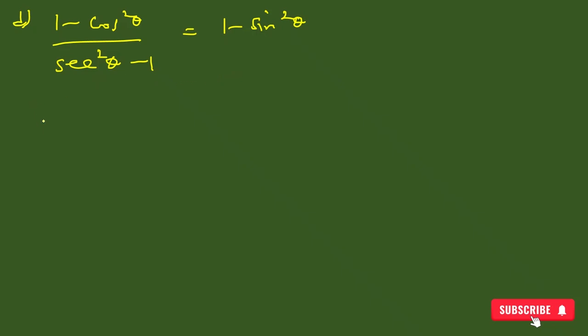From the left-hand side, how best can we simplify this? I'm going to work with the identities. Using the first identity we derived about sine and cos, we saw that 1 minus cos squared theta is actually the same as sine squared theta. Then sec squared theta minus 1 is the same as tan squared theta.